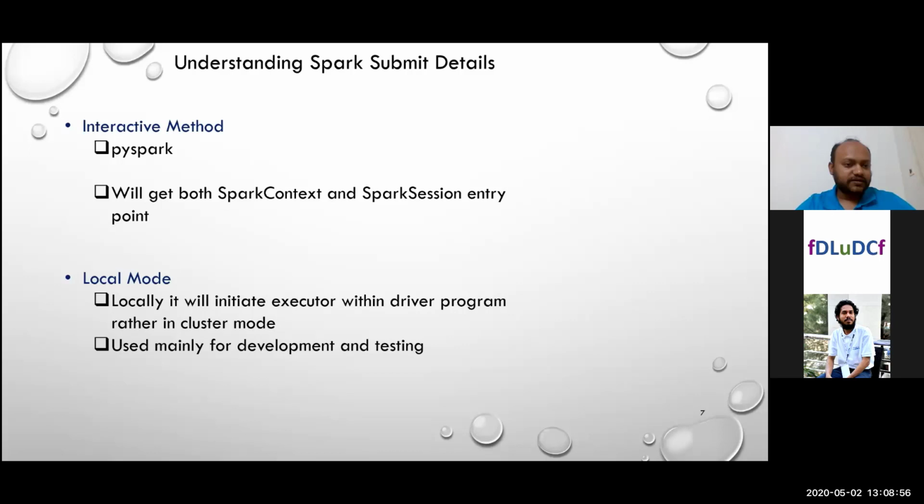It will run your Spark jobs on a single machine, and in that single machine it will logically create driver and executor. Basically your driver will act as an executor. That's the local mode, generally used for development and testing.